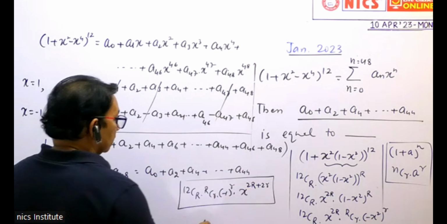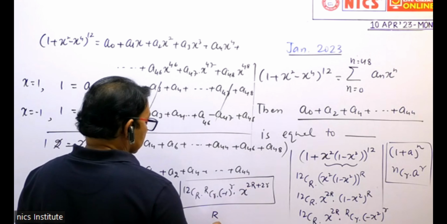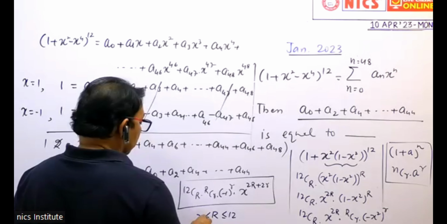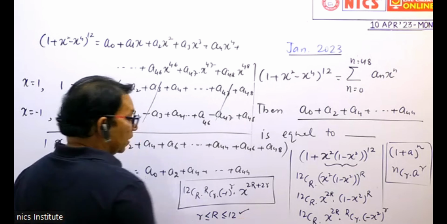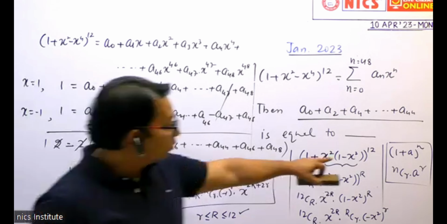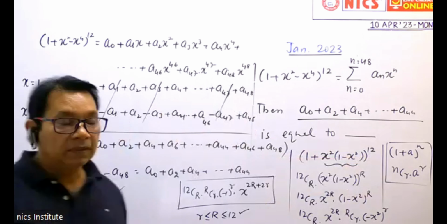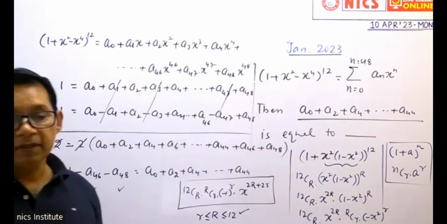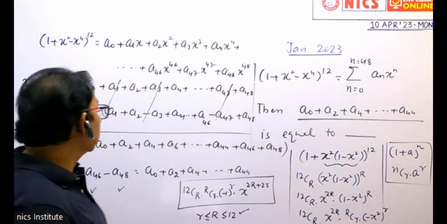And you also know that R is less than or equal to 12 and small r is less than or equal to capital R. This condition you have to satisfy. Capital R cannot be more than 12 and small r cannot be greater than capital R. This condition should be satisfied.